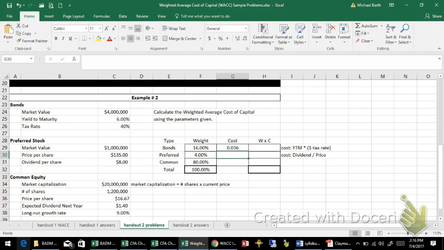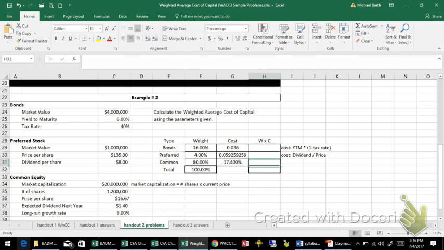That's the cost of debt. The cost of preferred equity is the $8 dividend divided by the current price of $135, and the common equity is the dividend divided by the current price plus the long-term growth rate.